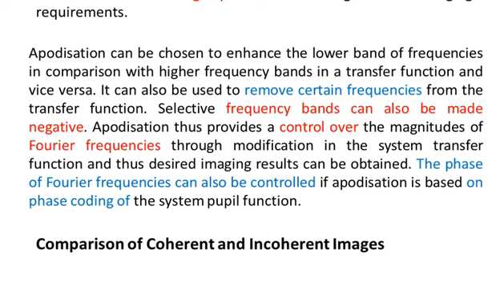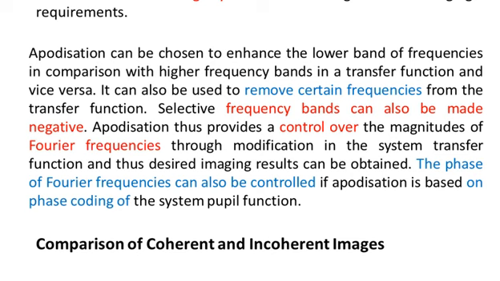It can also be used to remove certain frequencies from the transfer function. Selective frequency bands can also be made negative. So you can make some of the frequencies zero and you can make some of the bands in the transfer function negative.